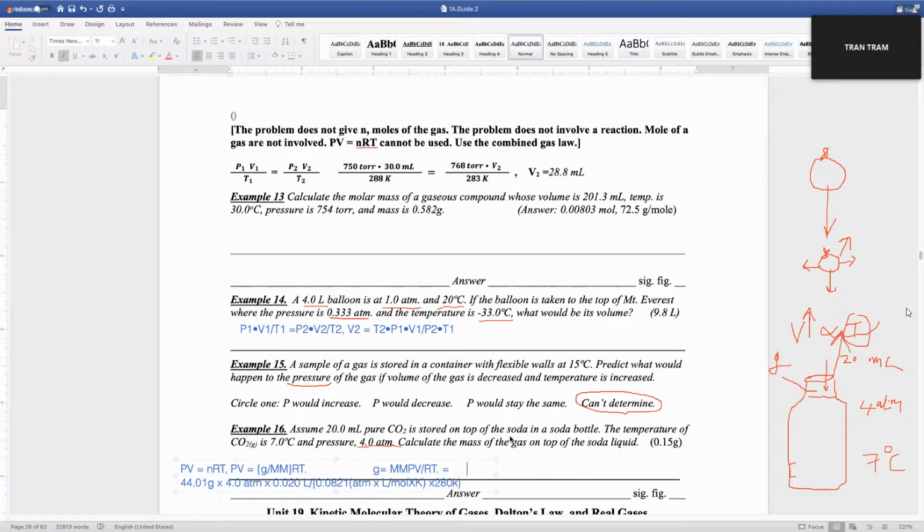You multiply 280 Kelvin altogether, not just the denominator. This whole thing is in the denominator. If you want, multiply first 0.0821 by 280, and then put it down in the denominator so that you don't make the same mistake again. Good.